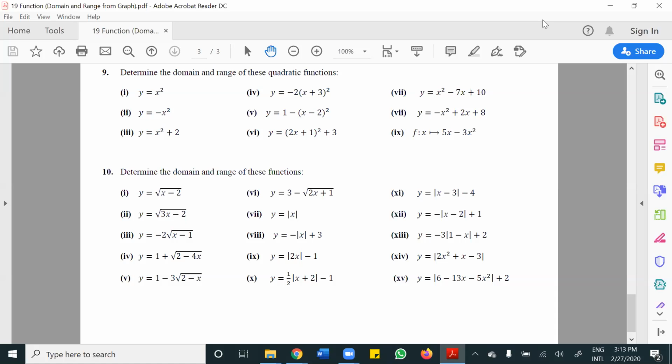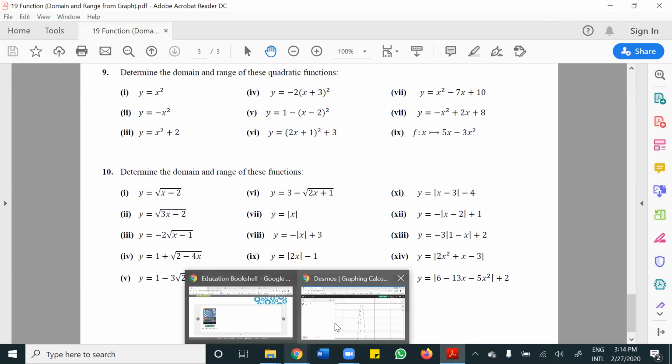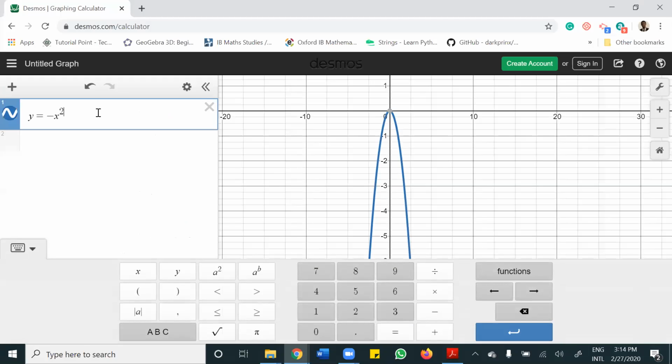So the minimum value that that square bracket could give you is 0. And at that point, you get 0 as the entire function. So y is not just less than negative 18. Your y will be less than or equal to 0. That's my point. Let's plot the graph to see.